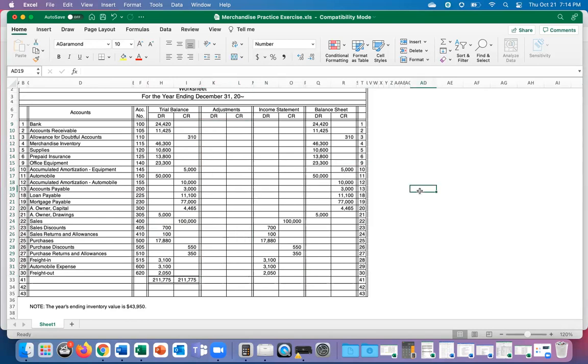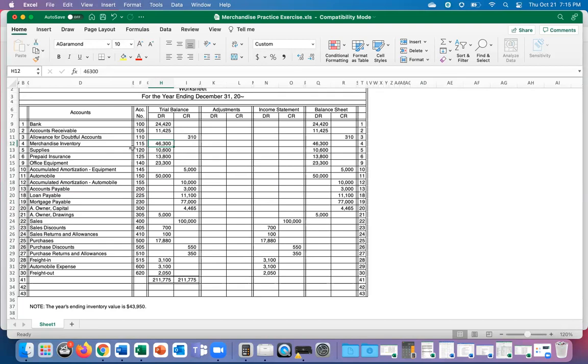What we do need to add, and this is different than what you might have seen before, is our merchandise inventory. We also have to add it to the income statement. So this amount that we have here, the 46,300, that's in the debit column of the merchandise inventory account, is our beginning inventory.